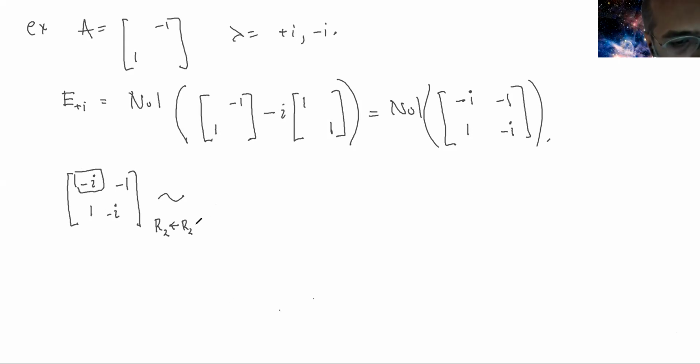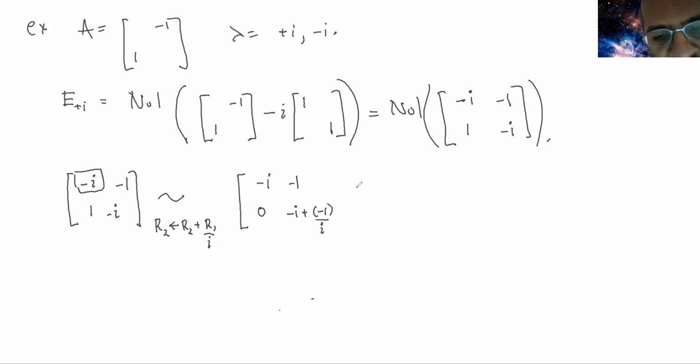I can add the first row divided by i, because minus i divided by i is still minus 1. If I do that, the first row doesn't change. This becomes 0. And here I get minus i plus minus 1 over i.